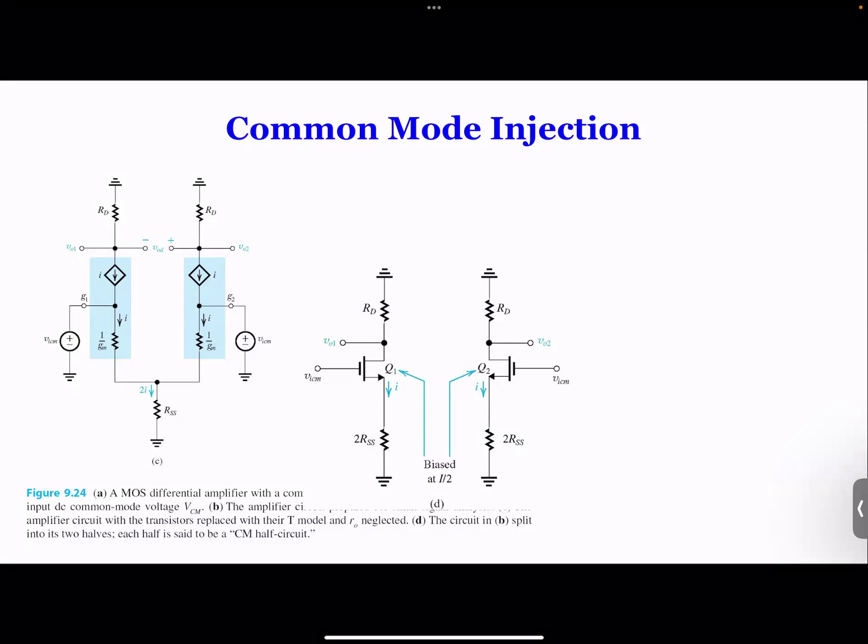But if I look at each individual circuit, if I comes in here, how much resistance would you need over here? So the voltage here has to be 2I times RSS. Since this is I on one side, this resistance here has to be 2 RSS. So this one is exactly equivalent to this one, but replacing this with 2 RSS.